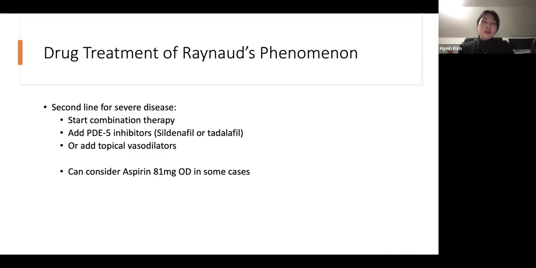But if you're having multiple episodes of Raynaud per day, then maybe having something long lasting like tadalafil might be more beneficial. Cost can be a limiting factor for some of these patients, but we do sometimes get coverage, it depends. Some cases we consider aspirin, not as widely, I would say.